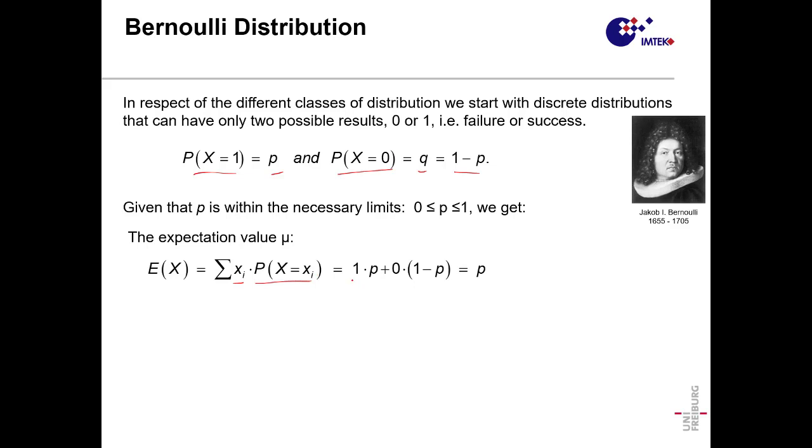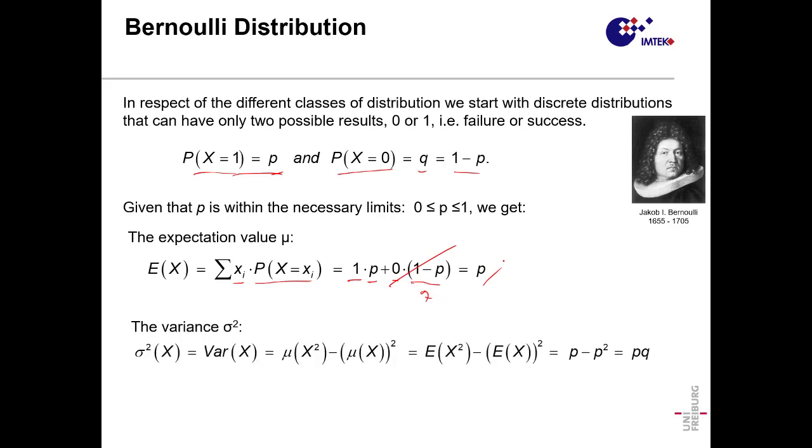So the event 1 times the probability of the event being 1, which is P as we defined here, plus the event 0 times the probability of this to happen, which is Q, or 1 minus P. And 0 times anything is 0, so this goes out, and you get that the expected value of the Bernoulli distribution is just P. Nothing really exciting here, but it is what it is.